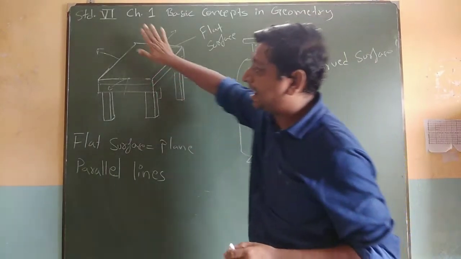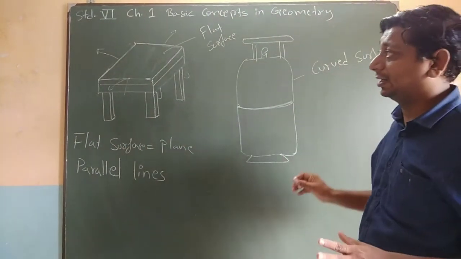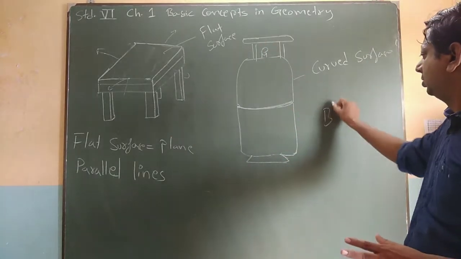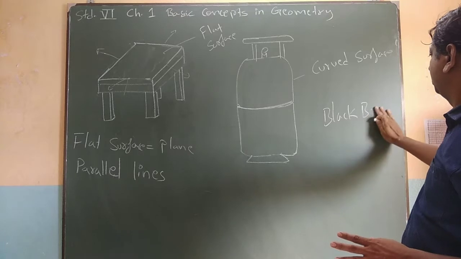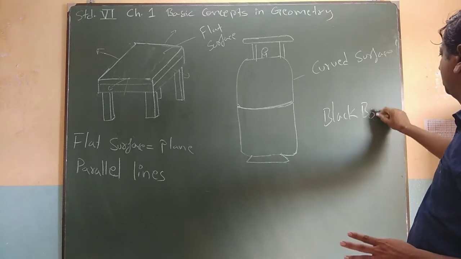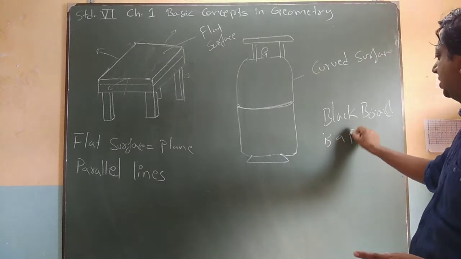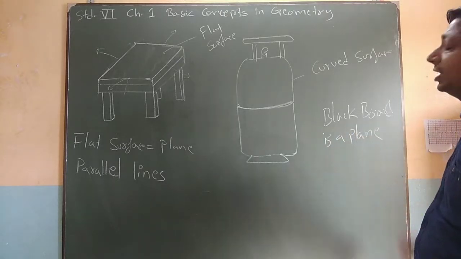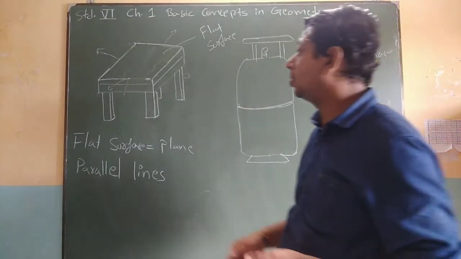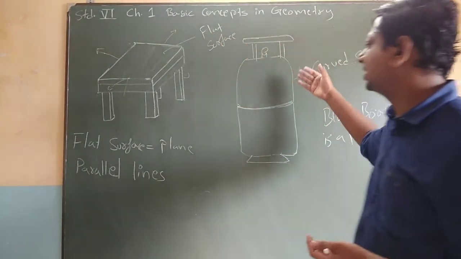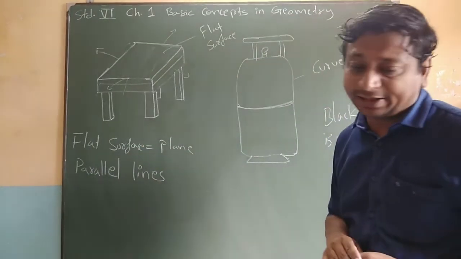You can see this entire board, the blackboard, is a plane. Remember, the blackboard is a plane. I hope you have understood the concept of flat surface and curved surface. A flat surface can be called a plane.